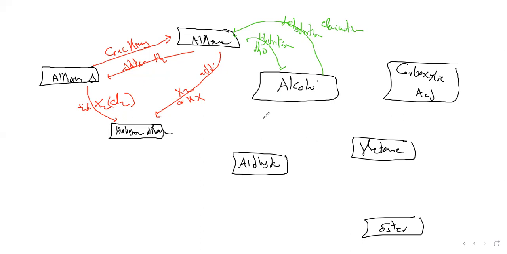After that, for alcohol, if it's primary, it will be oxidized by potassium dichromate to form aldehyde.